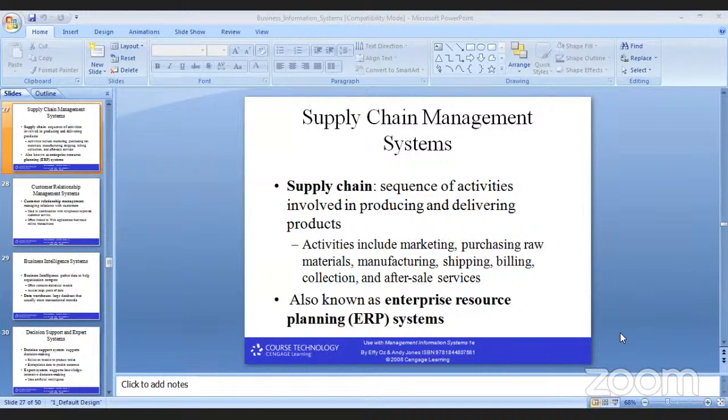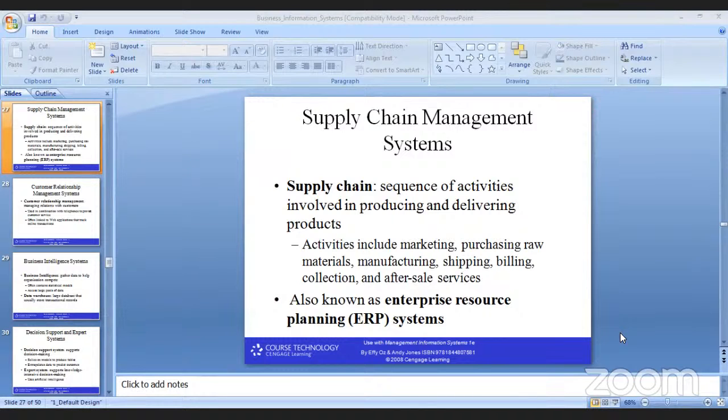The first and foremost application is the supply chain management system. Nowadays it is a big scope in computer science to do research in supply chain management. Now, what is supply chain? Supply chain is a sequence of activities involved in producing and delivering the products.